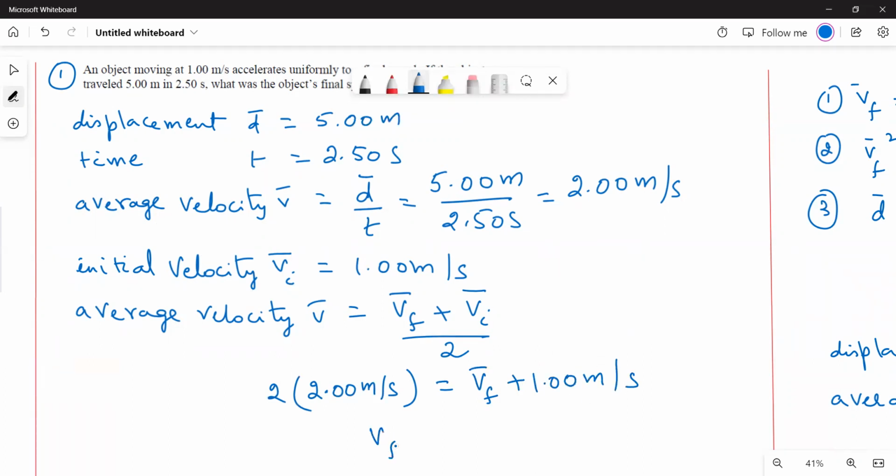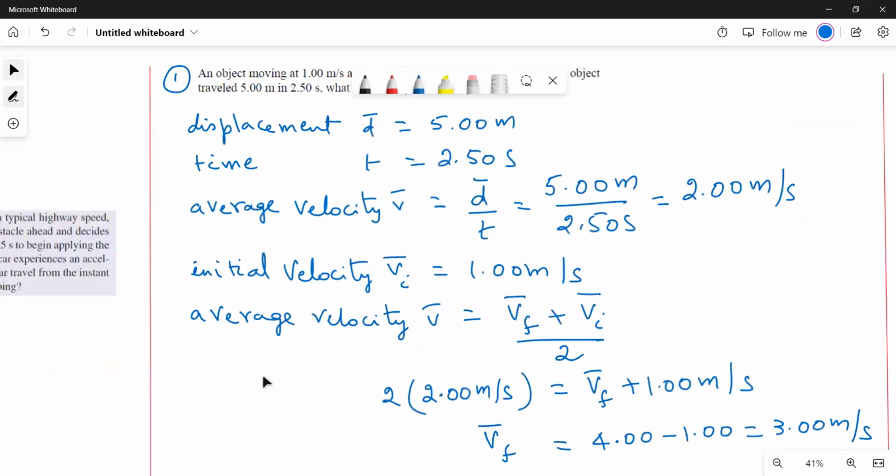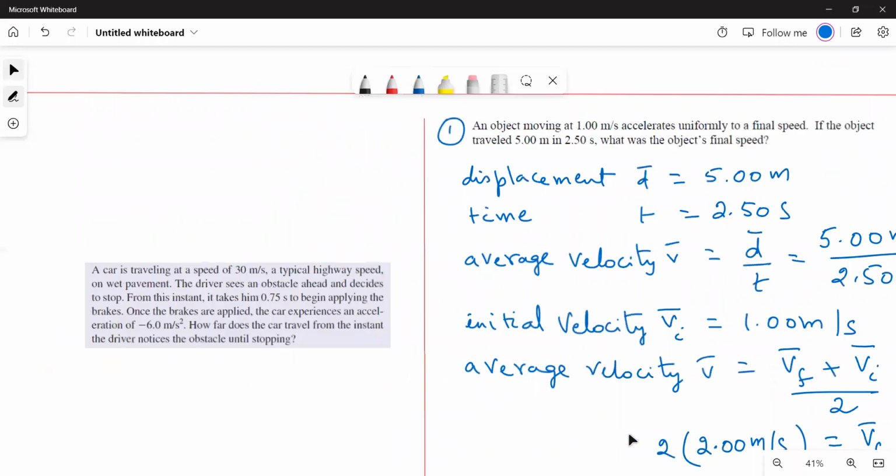Therefore, Vf is equal to 4 minus 1, which gives 3 meters per second. The answer.